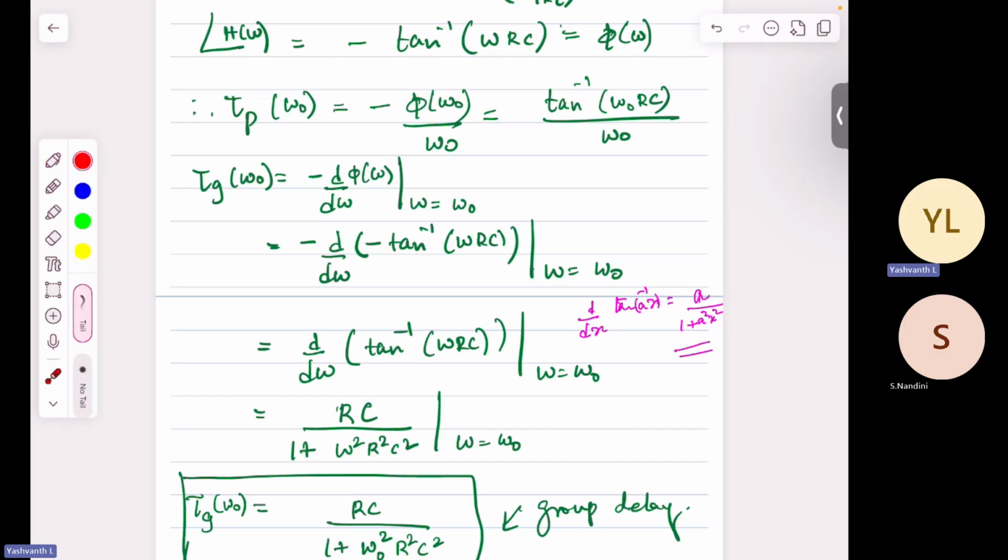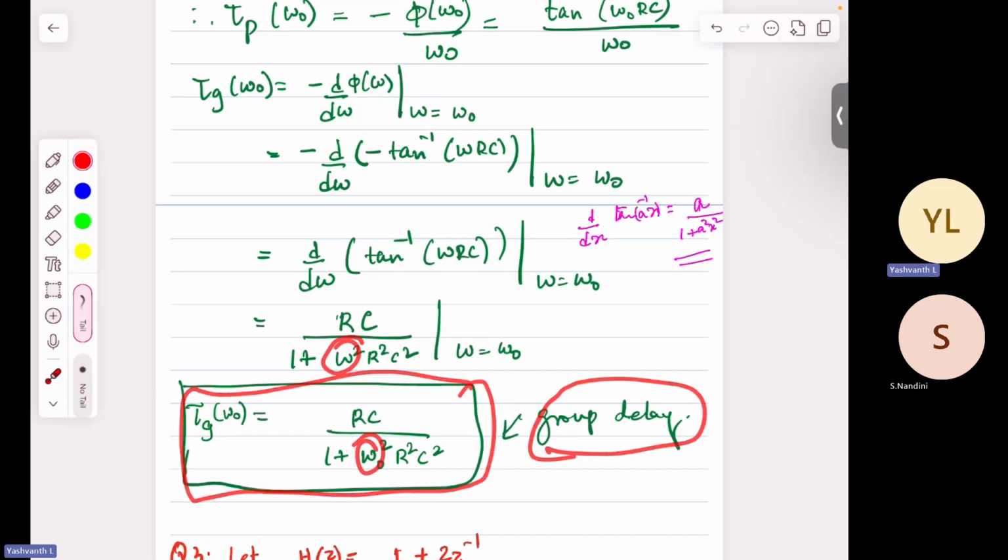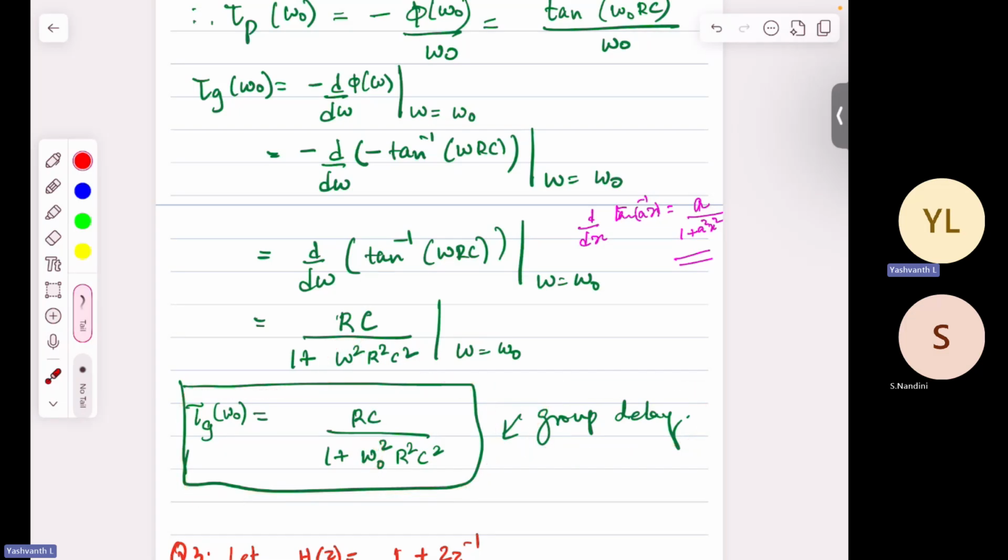Here a is nothing but RC, because we are differentiating with respect to omega, which is like x. Therefore, you have RC by 1 plus omega square R square C square, and put omega equal to omega naught, so omega square becomes omega naught square. So this is the expression for group delay. Is it clear? Okay. That's about this question.